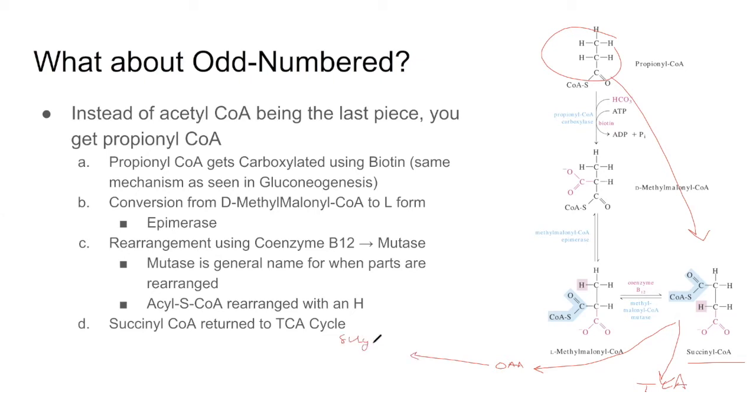And so we said that fatty acids can't be turned back into a sugar, acetyl-CoA cannot be turned back into a sugar unless you consume something else. But actually, if you have an odd numbered fatty acid, it might be the succinyl-CoA that is possible to turn into a sugar because it is an intermediate in the TCA cycle. So hopefully you are thinking about that when you hear the word succinyl-CoA, because it is a part of the TCA cycle.